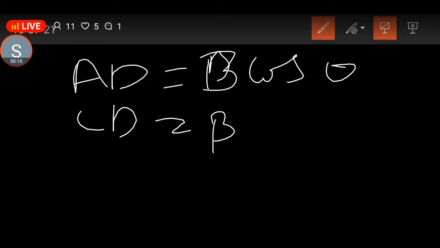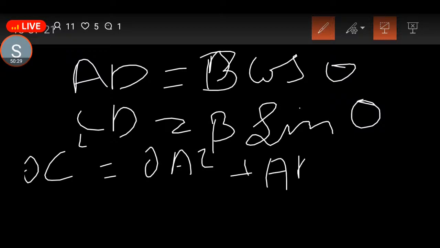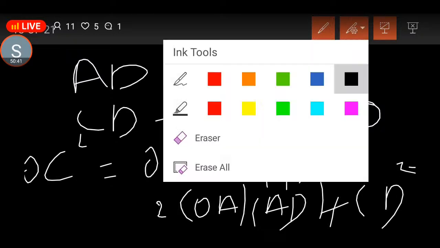And the result OC square is equal to OA square plus AD square plus 2 OA into AD plus CD square, which I explained. These are the three results you need to keep in your mind.